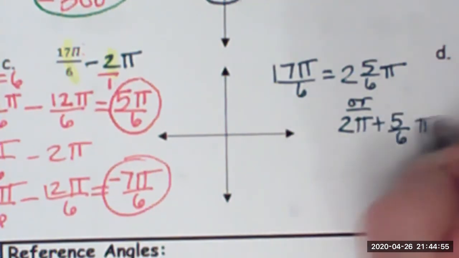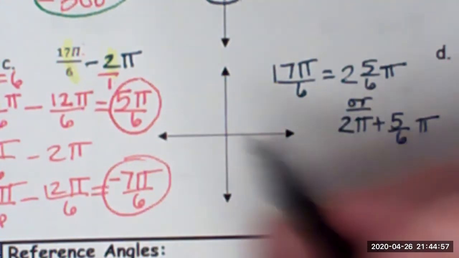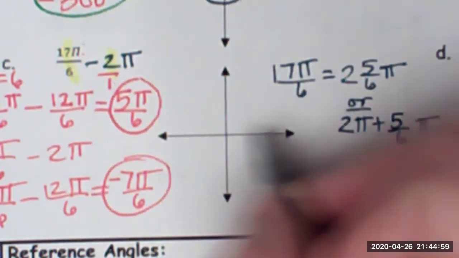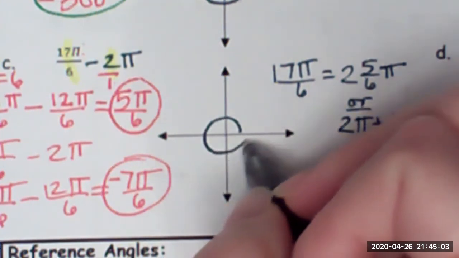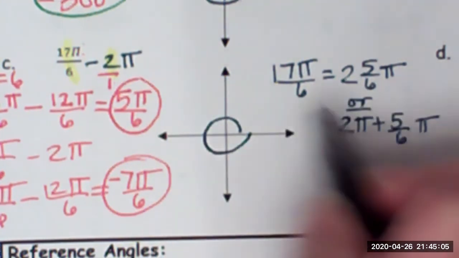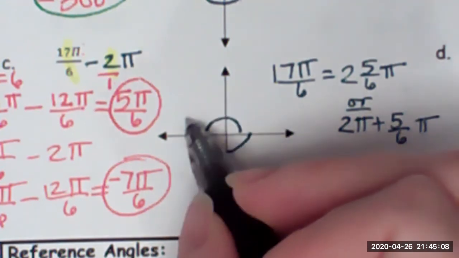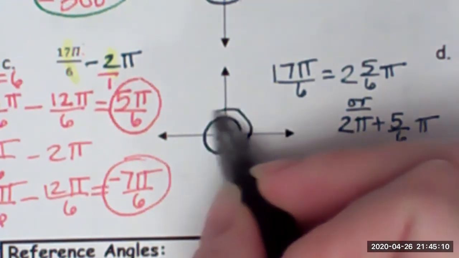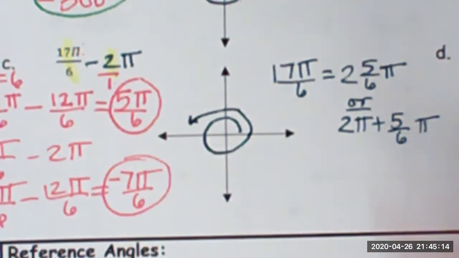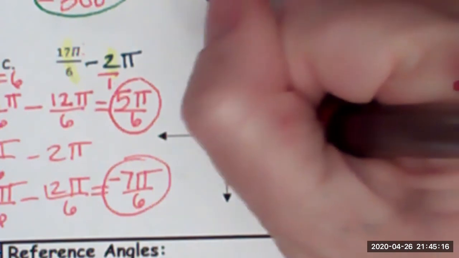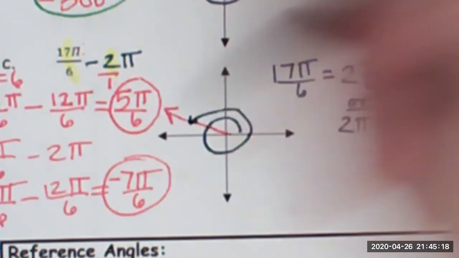So when you're drawing the rotation here, you're going around in the positive direction, so counterclockwise, 2 pi plus 5/6 of the way across to pi. So to here, and here's the angle right here.